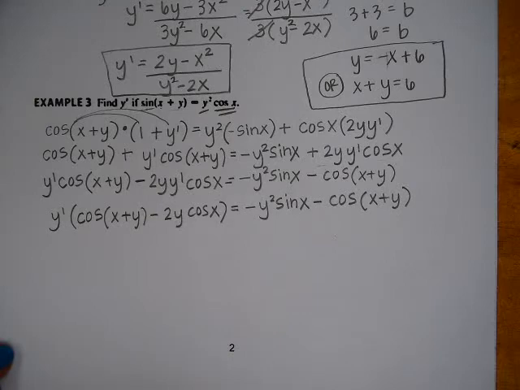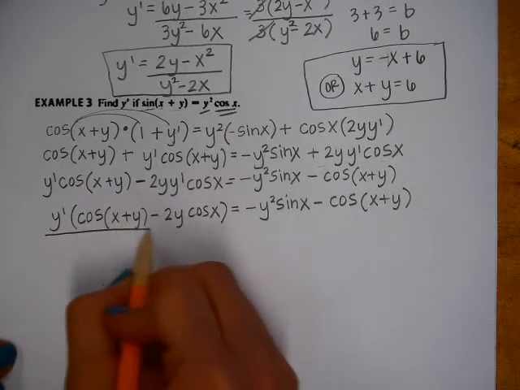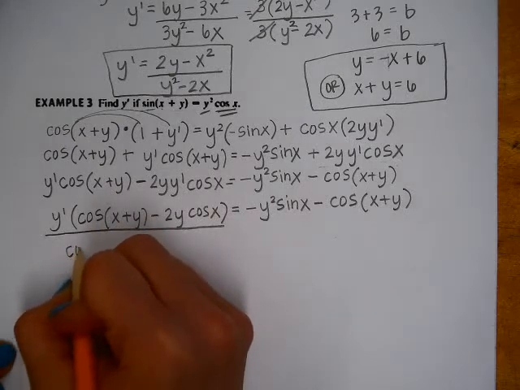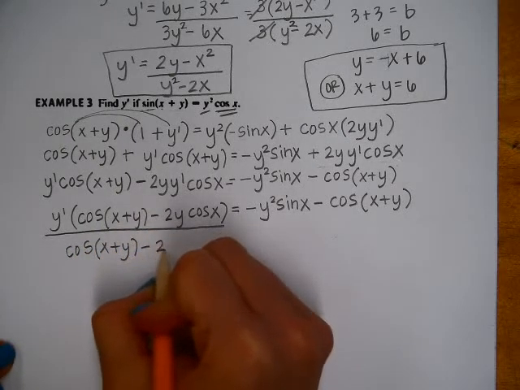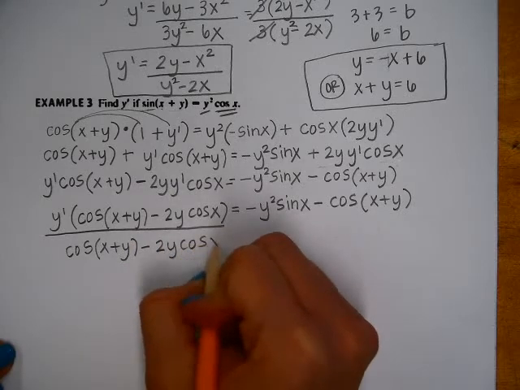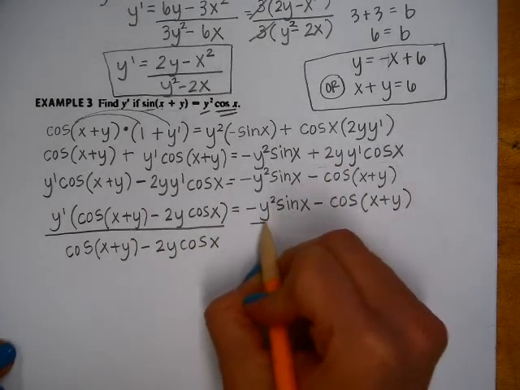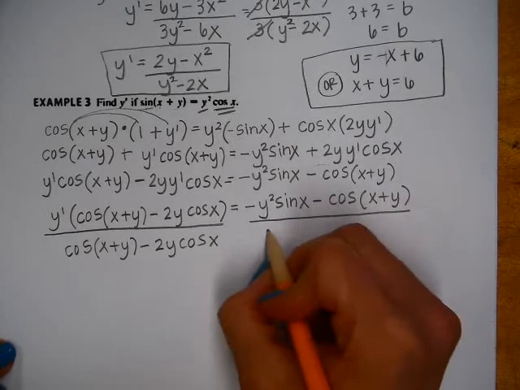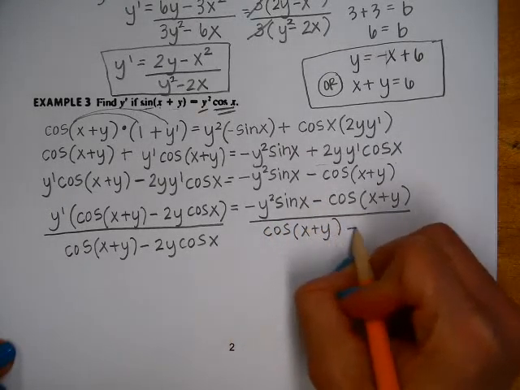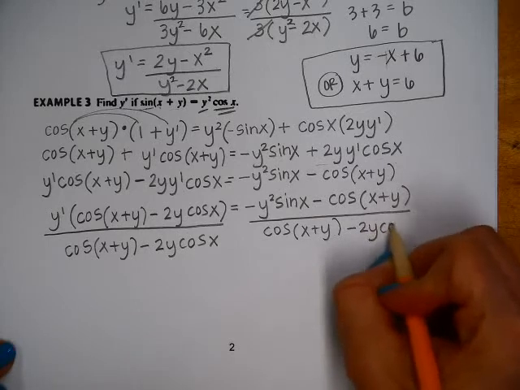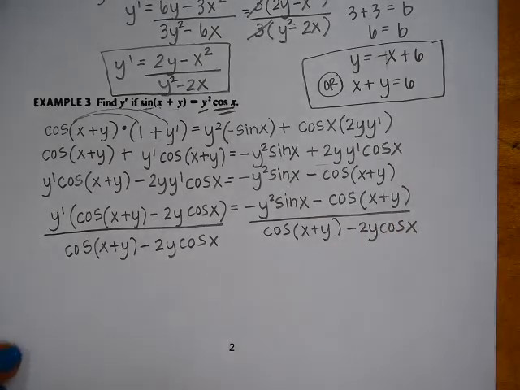A little chunky. Okay, now divide all of this by cosine of x plus y minus 2y cosine x. Same thing over here. Cosine x plus y minus 2y cosine x.